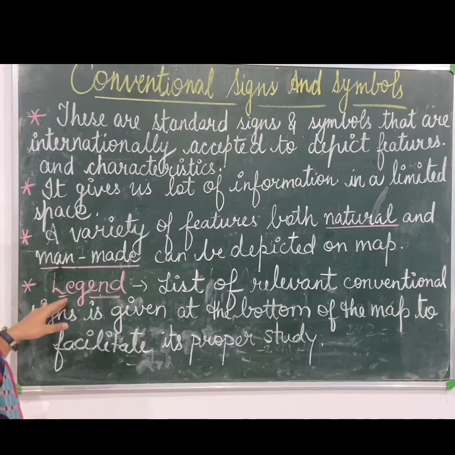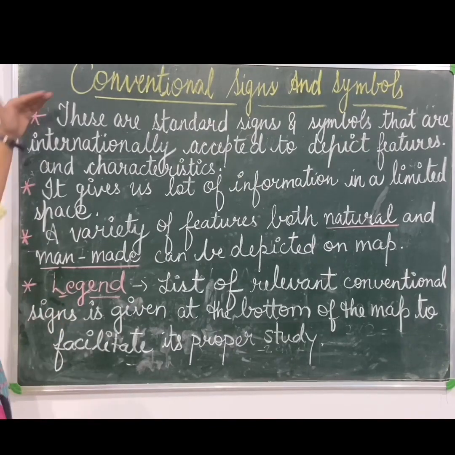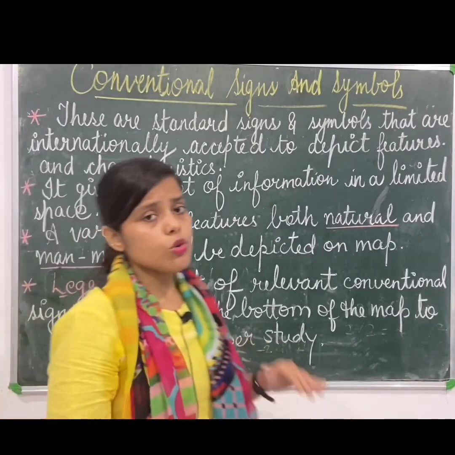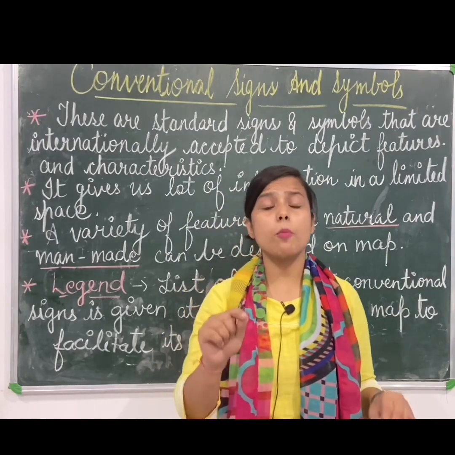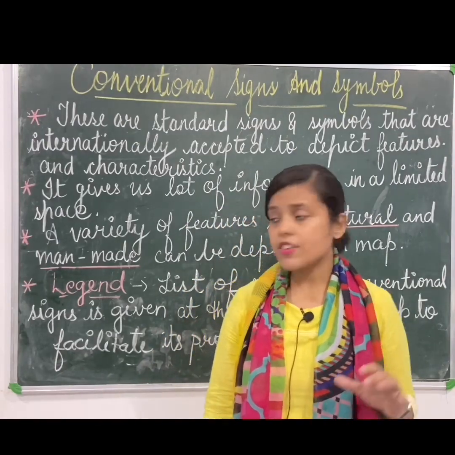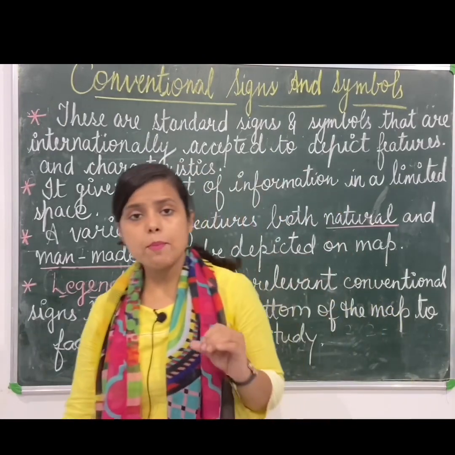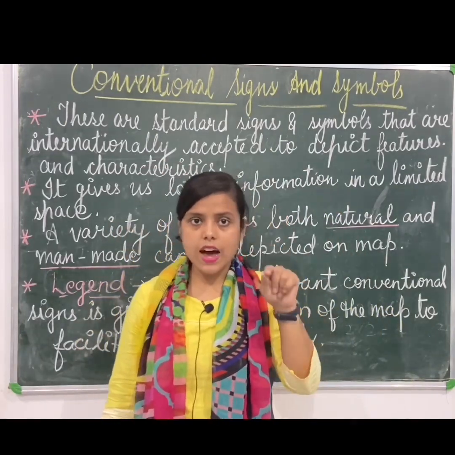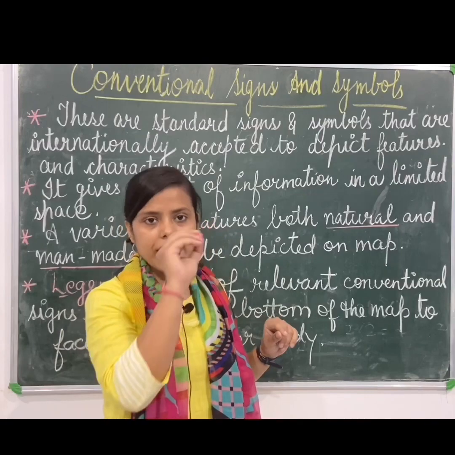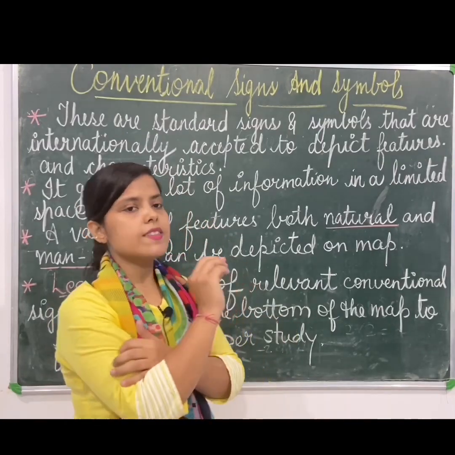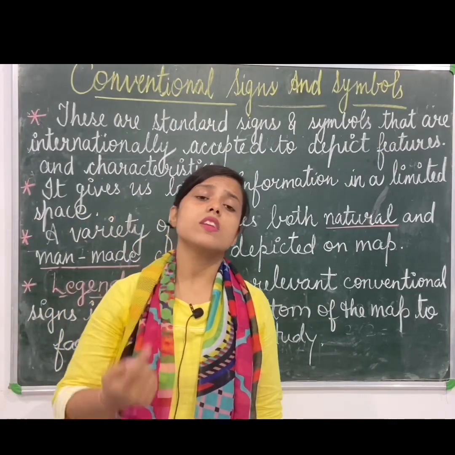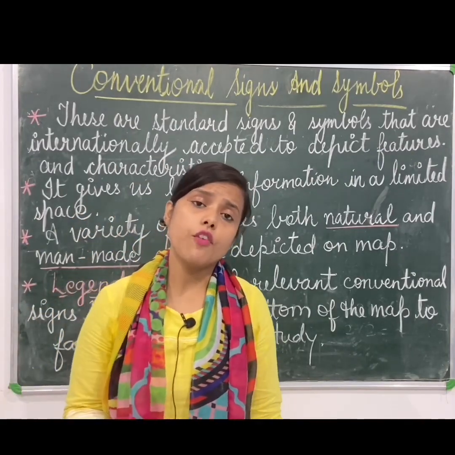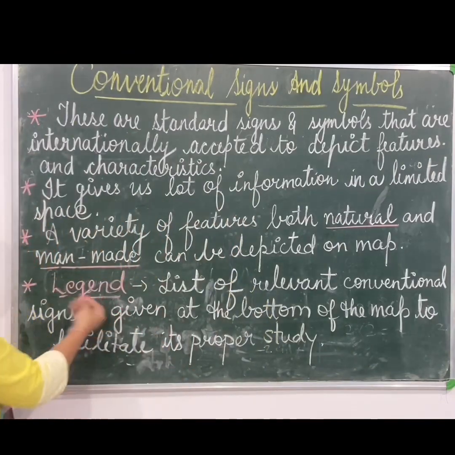Now next is one word related to conventional signs and symbols. In a map you represent conventional signs and symbols in the form of a legend. Now what is a legend? If you have seen a map, at the bottom boxes are made where you color or write the thing and tell that this symbol is for this particular purpose, or this symbol is indicating this particular information. So let us see the definition of legend.